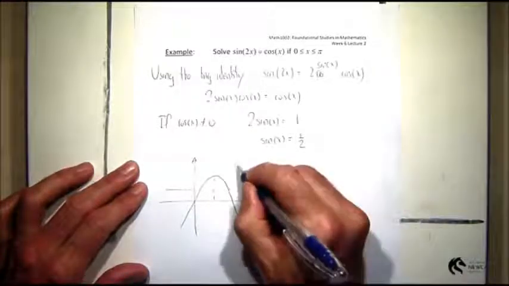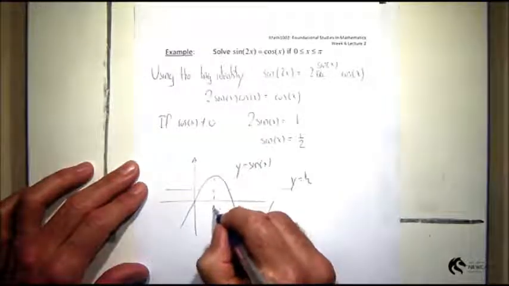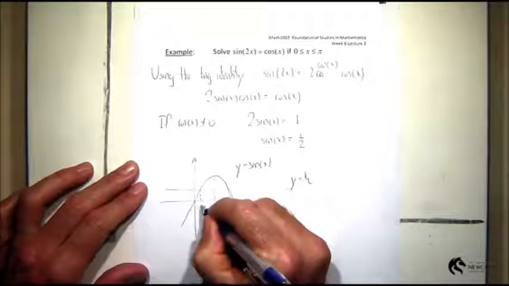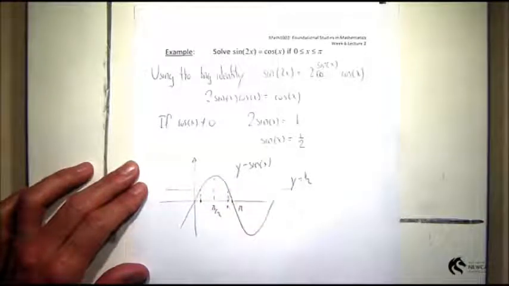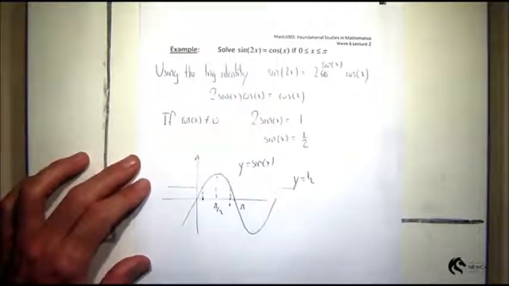So y is equal to 1/2, y is equal to sine x. So that's pi on 2 and that is pi. I can see that there are two solutions, one there and one there. I've got two solutions here.